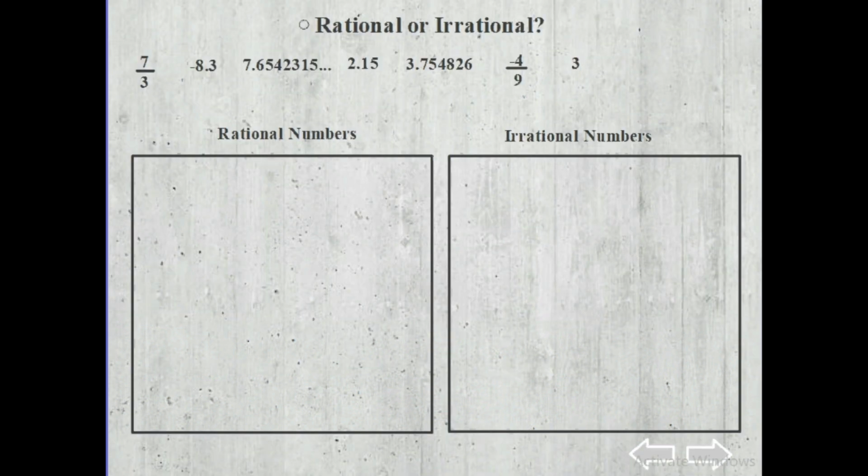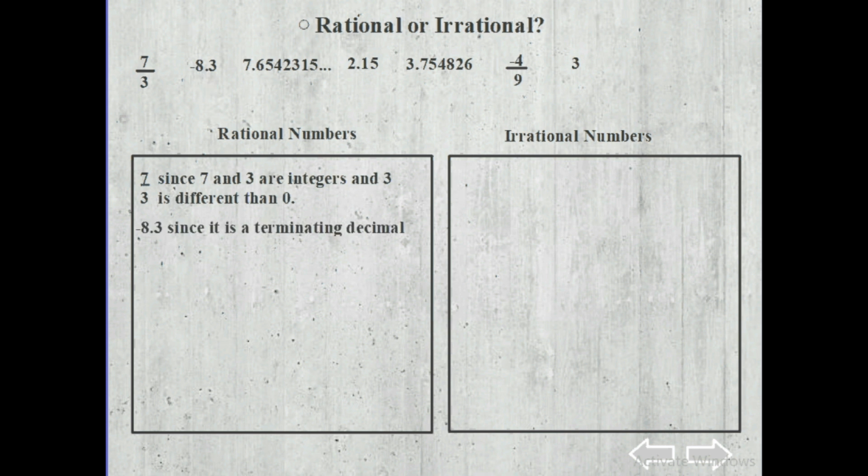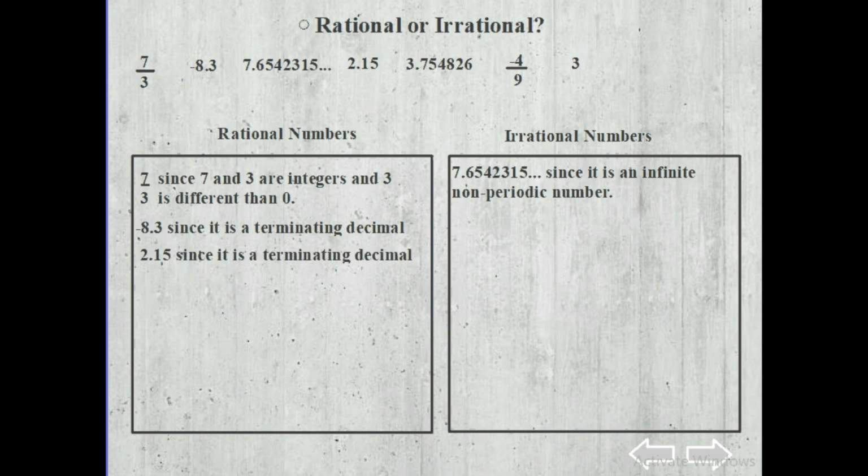Rational or irrational? 7 over 3 is a rational number since 7 and 3 are integers and 3 is different than 0. Negative 8 over 3 is a rational number since it is a terminating decimal. The third number is an irrational number since it is an infinite non-periodic number. 2 and 15 hundredths is a rational number since it is a terminating decimal.